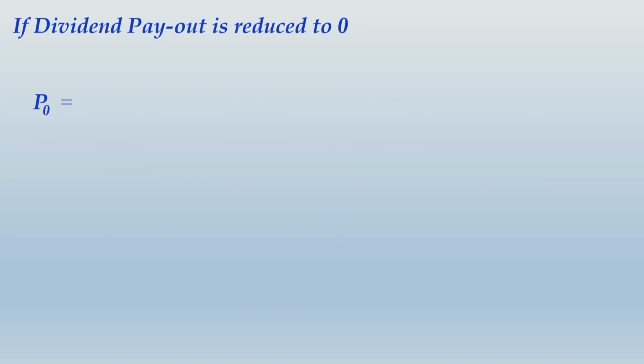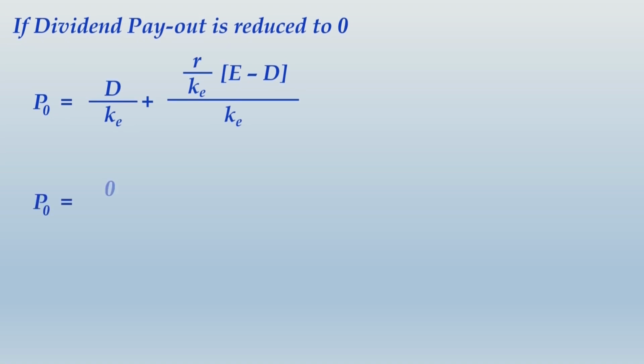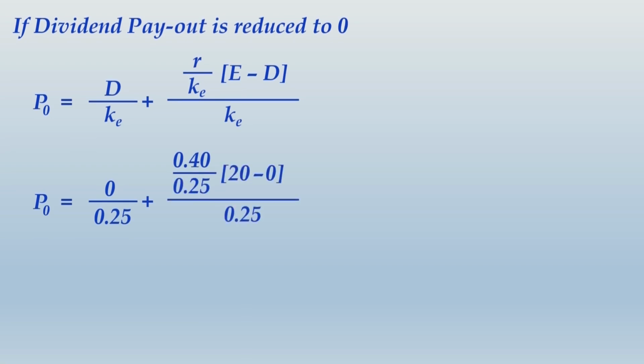So we again do the same thing. We substitute the values in the formula by now considering D as 0, because dividend payout ratio is 0, D will be 0. So E minus D will be 20 minus 0, and that will be 20. In other words, rupees 20 will be retained earnings and dividend will be 0.